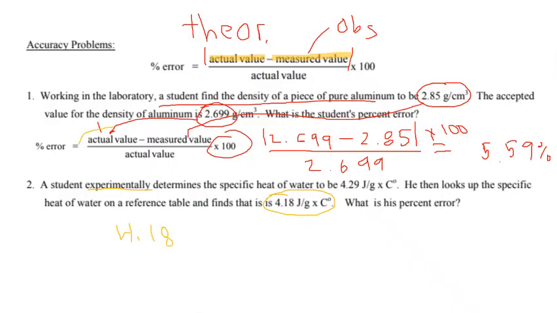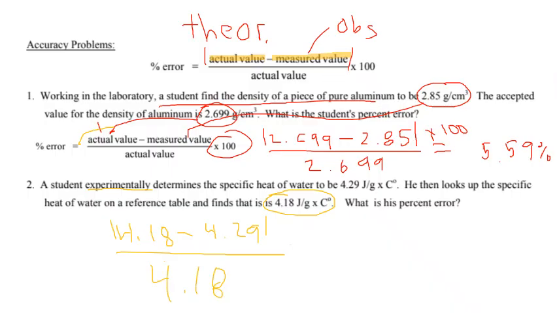I'm looking right here, actual minus the measured, and the measured is 4.29. I don't care that this is going to be a negative number because it's an absolute value. And then I'm going to divide it by the actual, which again is 4.18 here.